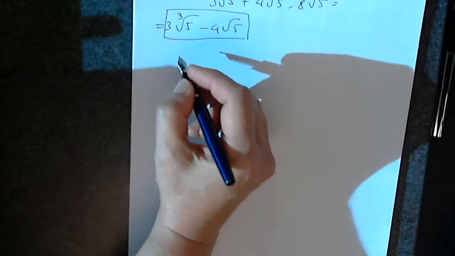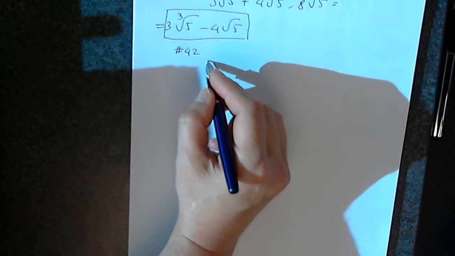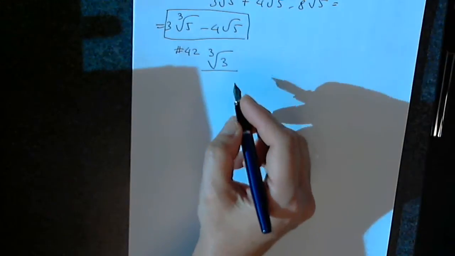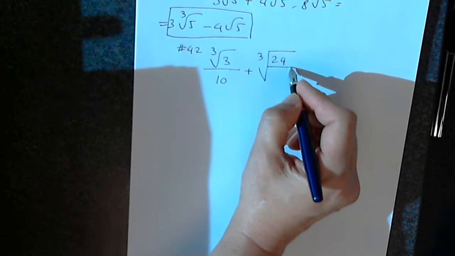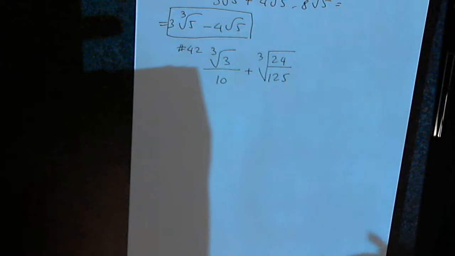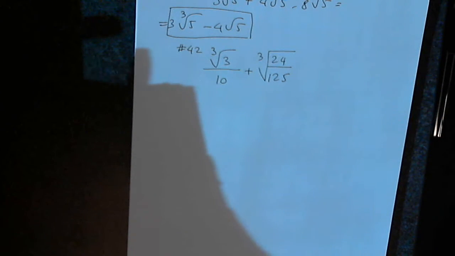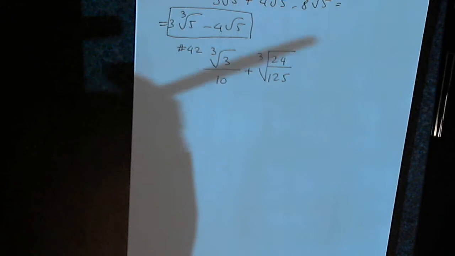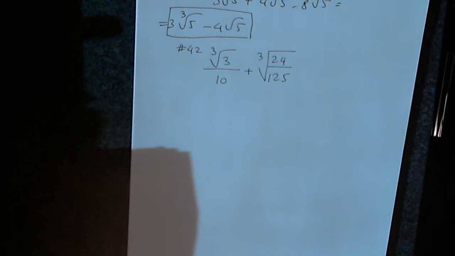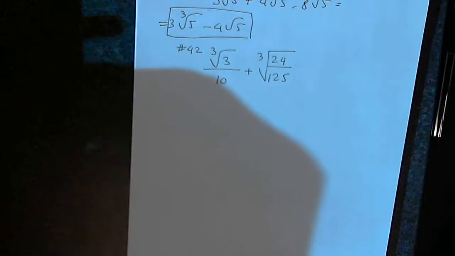Let's look at the division. 42. The cube root of 3 divided by 10 plus the cube root of 24 divided by 125. Can you simplify the first radical in any way, shape, or form?